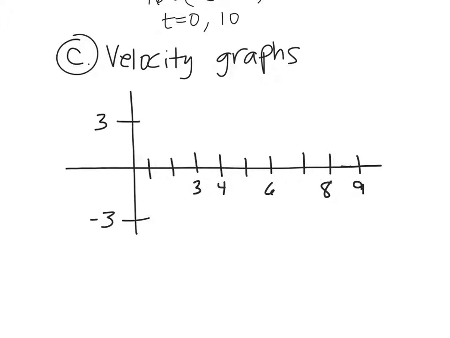It's going to start at 0, 0. And then at 2, it's going to be up here at 3. And then it's going to go through 0 at 3. And then at 4, it's going to go straight across till you get to 6. And then it's going to go to 7. And then to 9.